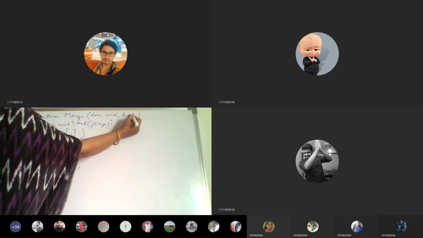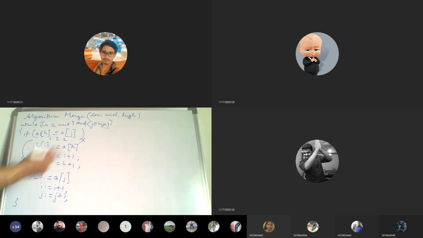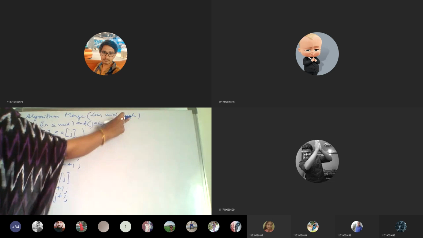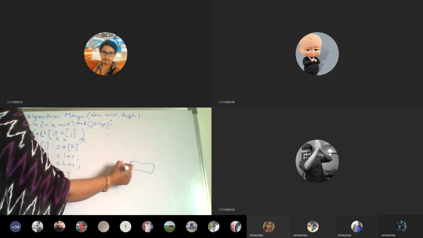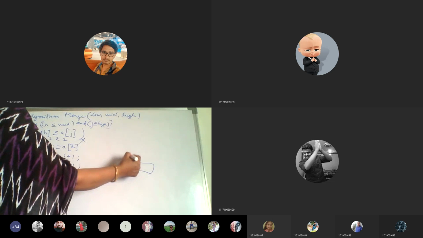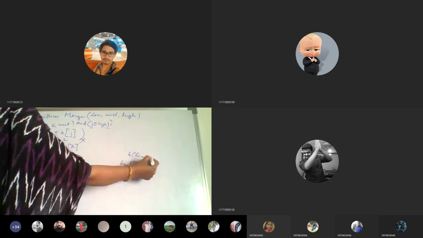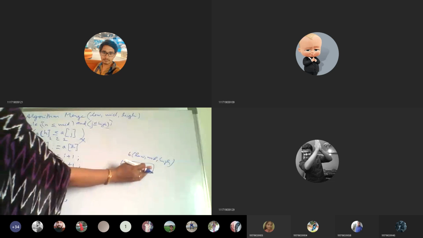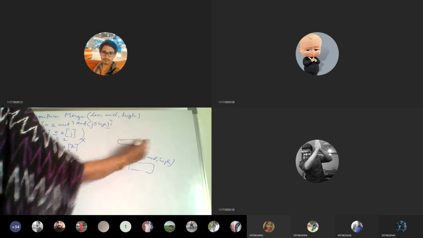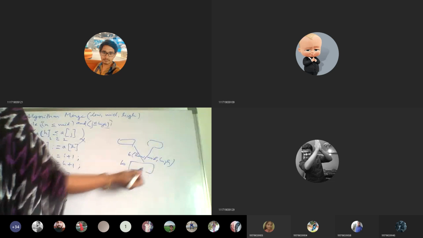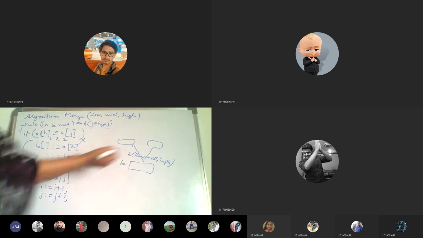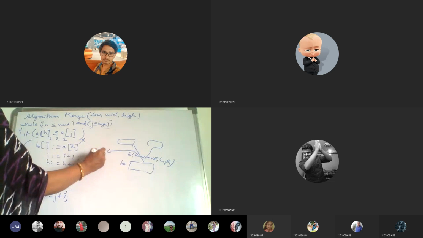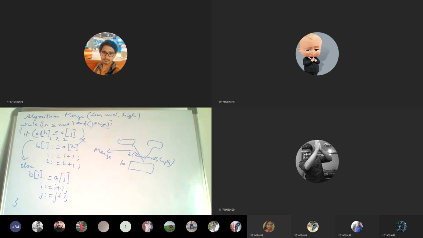These are the indices of B, if you remember. We are using two different sublists in order to merge and get the output. This combination is called the merge technique. So algorithm merge with low, mid and high.